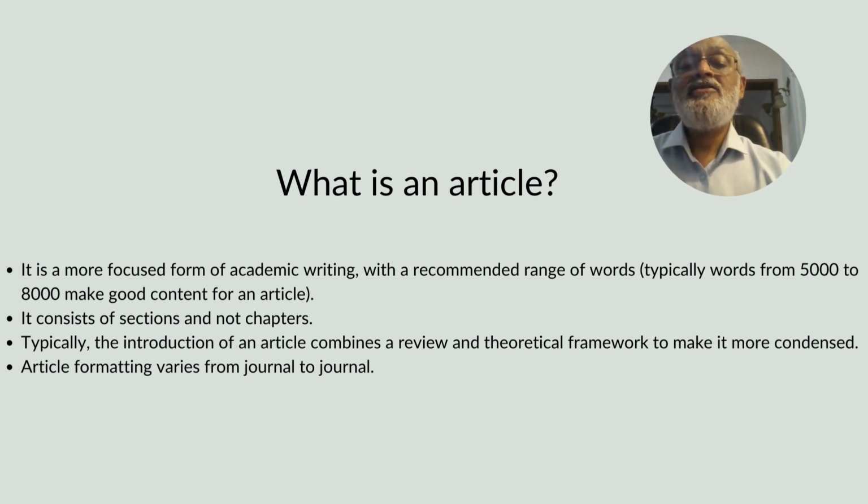Then it consists of sections and not chapters. Typically, the introduction of an article combines literature review and theoretical framework to make it more condensed and focused. And formatting of an article varies from journal to journal.